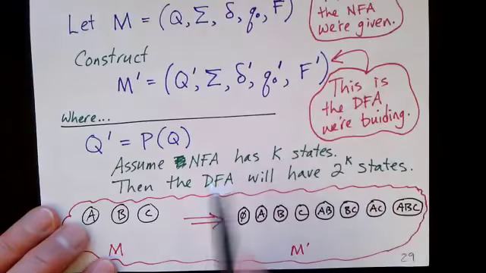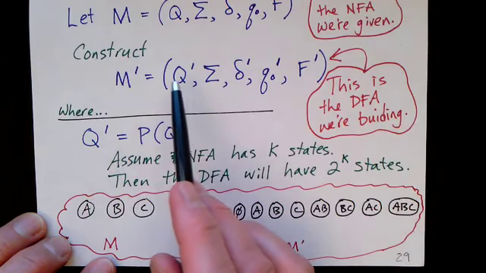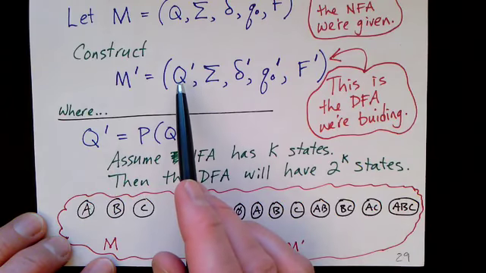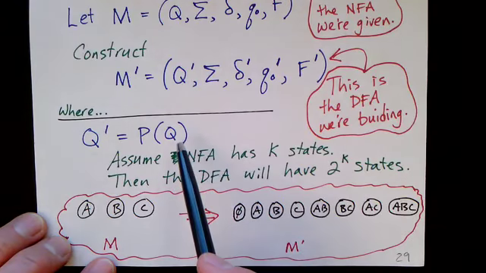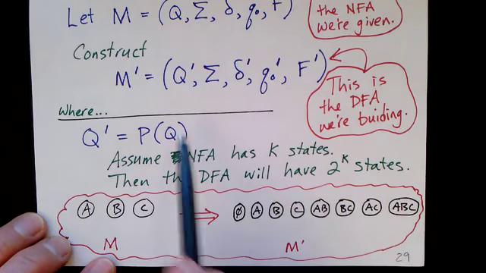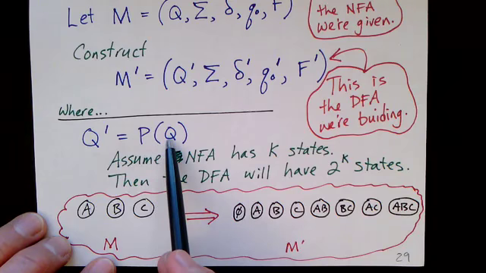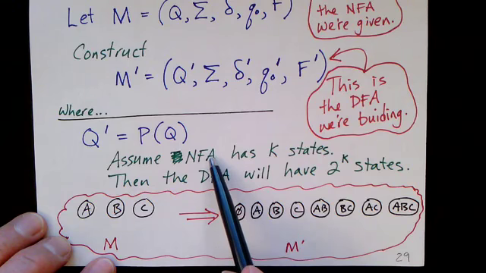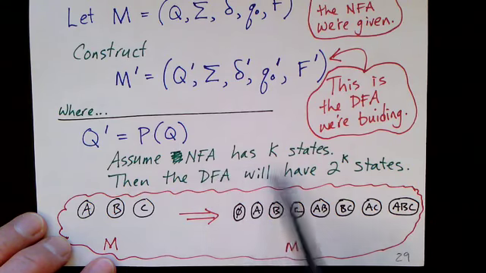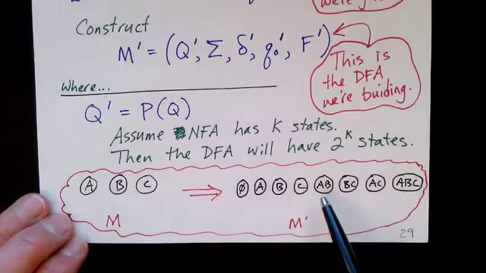We can start with a set of states. We'll assume that the deterministic machine has one state for every possible set of states. So we use the power set notation here to indicate the set of all subsets of Q. And if the non-deterministic finite machine has k states, then we'll have 2 to the k states in our deterministic machine.